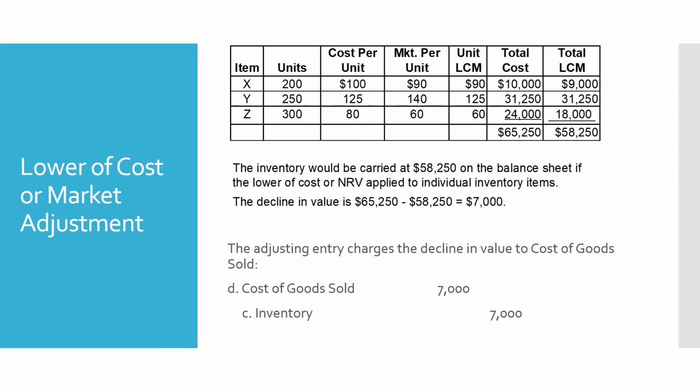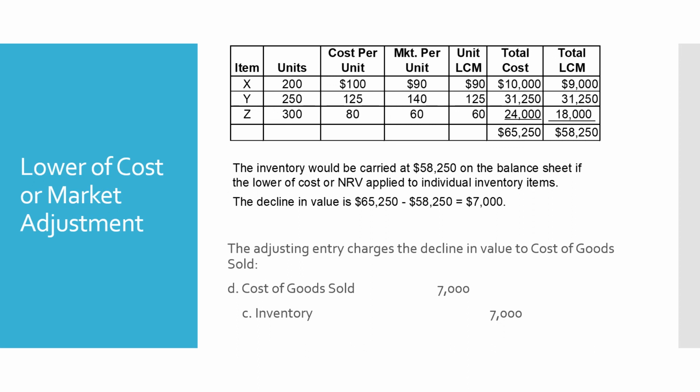So the additional adjusting entry that we would need to make for our inventory to write down our goods to market value is a debit to cost of goods sold and a credit to inventory of $7,000. So with that entry, we are increasing cost of goods sold by $7,000 and we are decreasing our inventory account by $7,000.